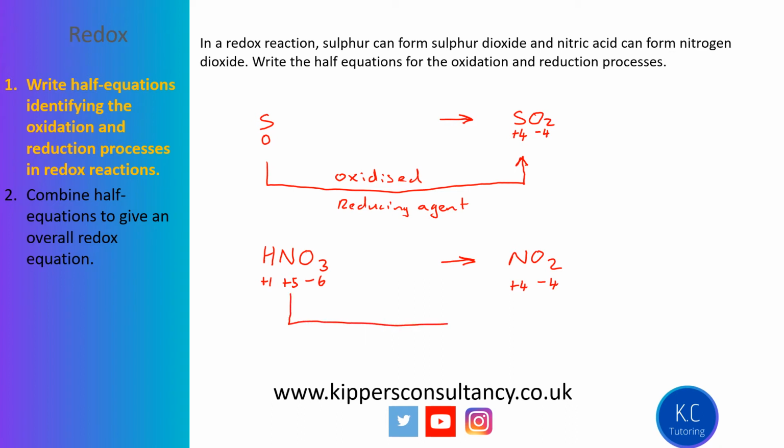We also know it's reduced because if the sulfur has been oxidized, the nitrogen must be reduced. And we can confirm that by looking at the oxidation state of nitrogen, which goes from +5 to +4. So nitrogen is reduced, or we can describe this as the oxidizing agent.